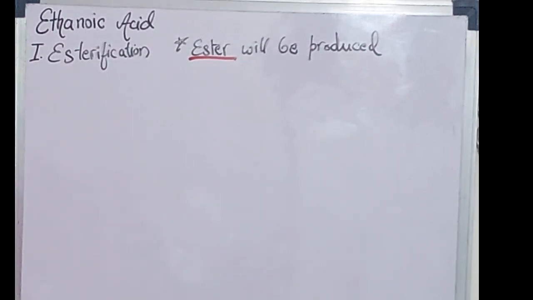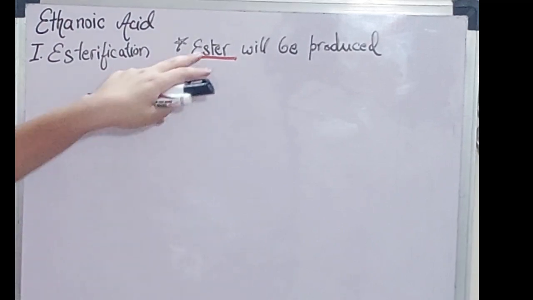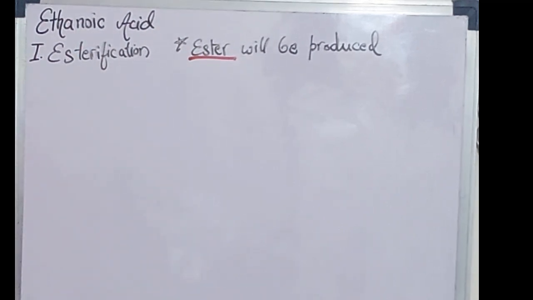So, ester is a sweet smelling perfume or sweet smelling substance. Its smell is very sweet and peaceful, and it's really very nice. Ester is highly used for making perfumes, right? So this is what the process of esterification is.